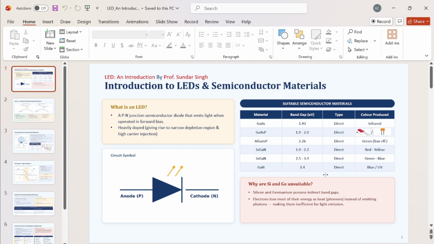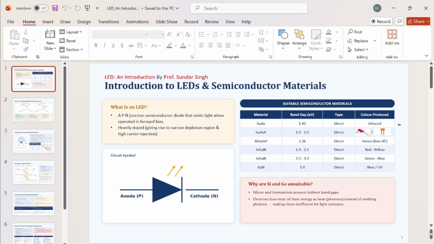I have also listed the band gaps here and the light which is emitted from these materials. The band gap of the material is basically the determining factor of which color of light will be emitted when the diode is forward biased.